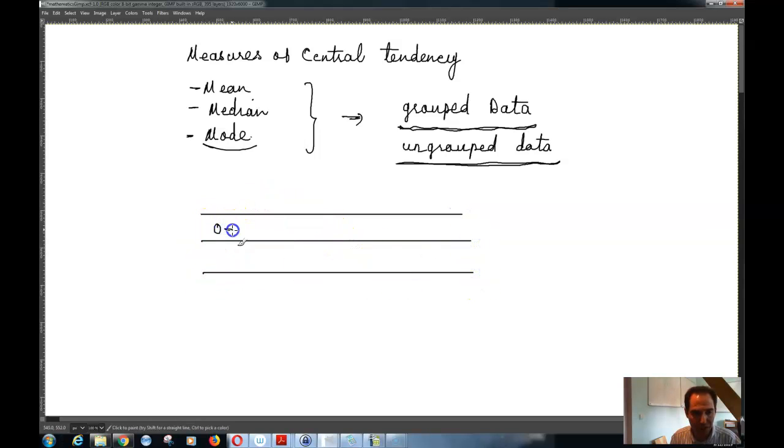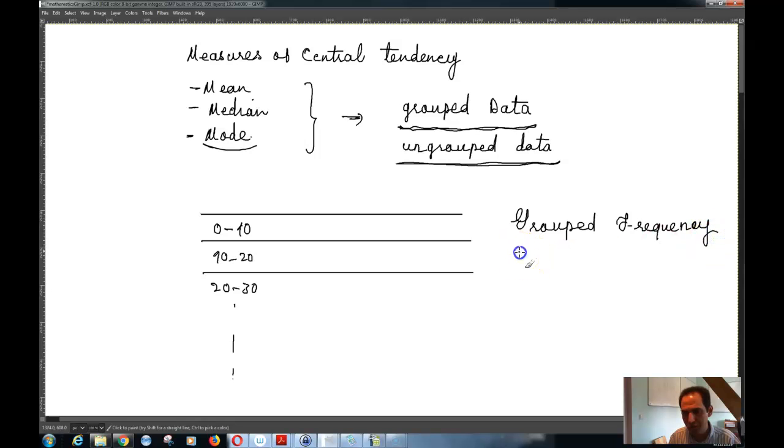For example, we said 0 to 10, and then 10 to 20, and then 20 to 30, and so on and so forth, which was called a grouped frequency distribution table.